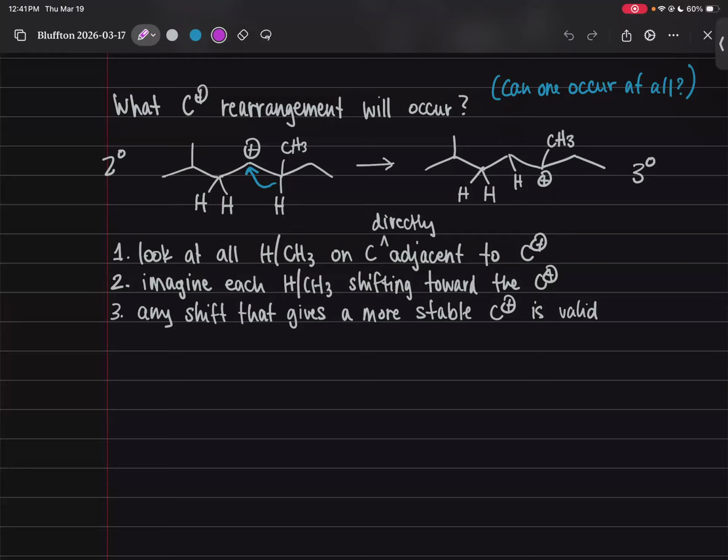We could move one of these hydrogens over, we could move this hydrogen over, or we could move that methyl group over. We've tried all of them and figured out that only one of them changed our carbocation from a secondary to a tertiary. So that gives us a more stable carbocation, and so that is a valid carbocation rearrangement.